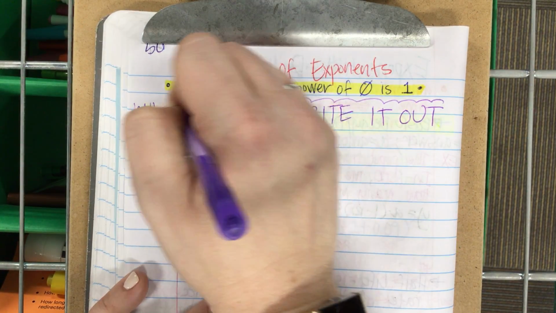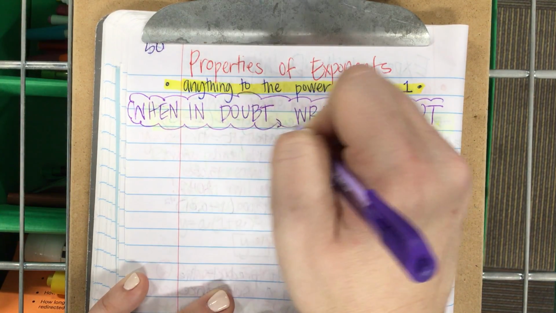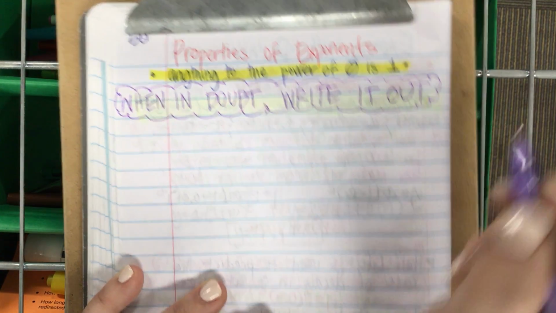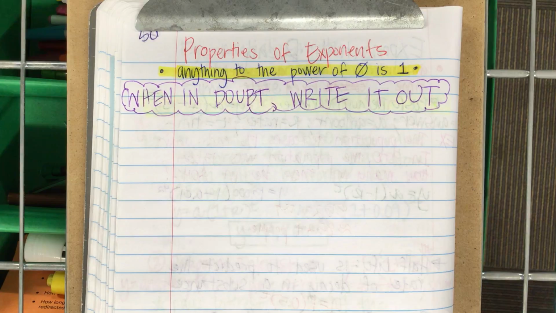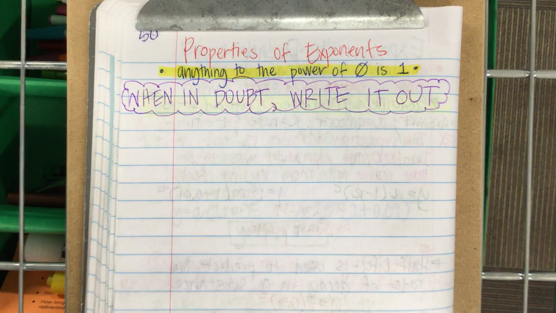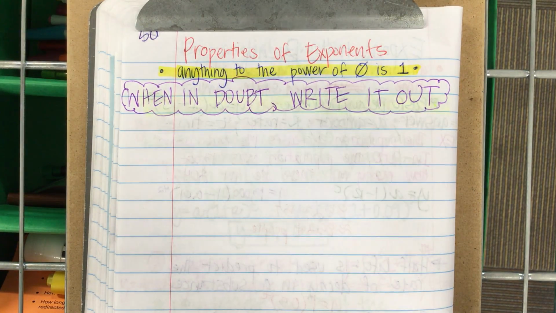If you cannot remember the shortcuts, or the shortcuts just don't make sense to you, if you expand it and start from there, it makes life a whole lot easier. So if you ever look at these problems that we're working on and you think, oh God, I don't really know, or you feel unsure of your answer and you want to check it, if you expand it, that's writing it out. Expand means to make it bigger. When in doubt, write it out.